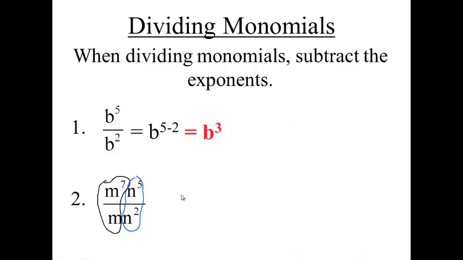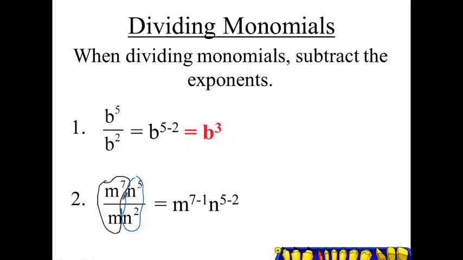So here we can keep the base m, then subtract the exponents. 7 minus 1, remember that you have exponent 1 here, so 7 minus 1, and then n^5 divided by n^2. Keep the base n, subtract the exponents. 5 minus 2, so we will have m raised to 6, n raised to 3.